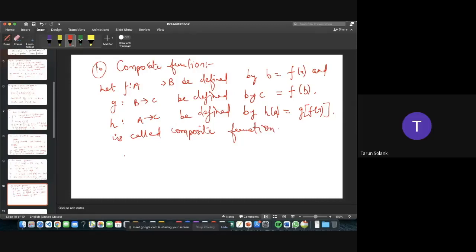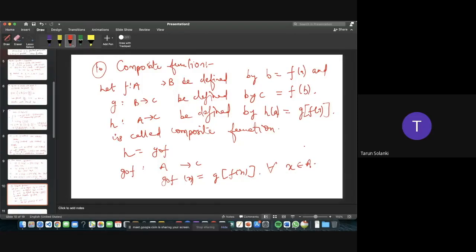Okay, so we write h equal to gof. So gof from A to C will be defined as gof(x), which is equal to g(f(x)), and x belongs to A, right?